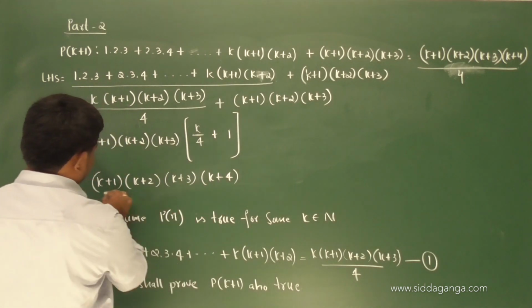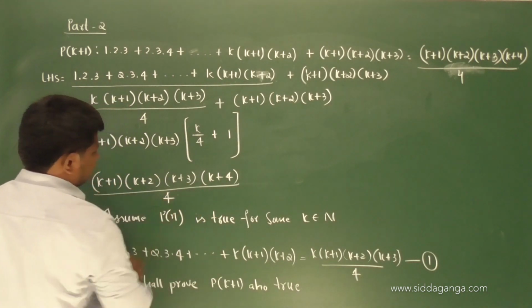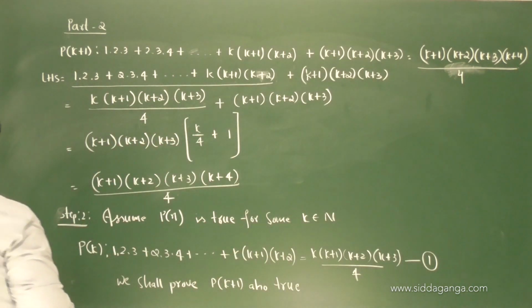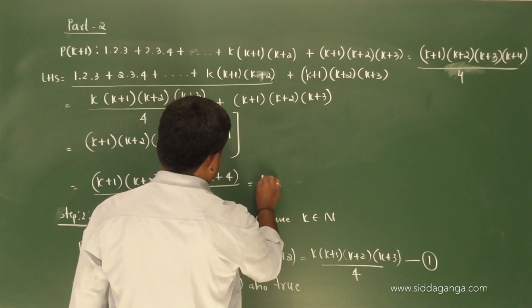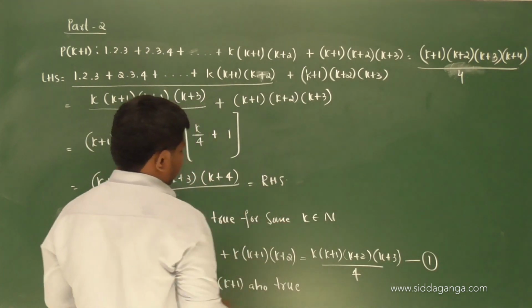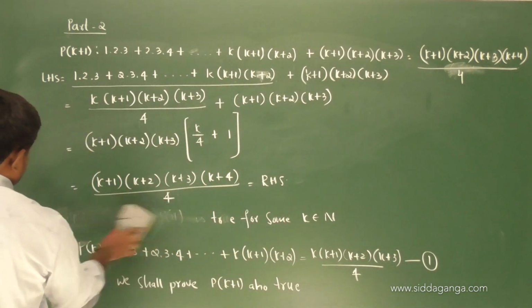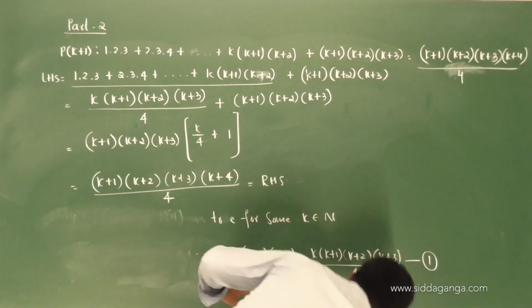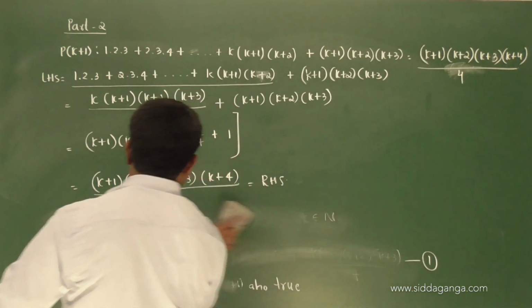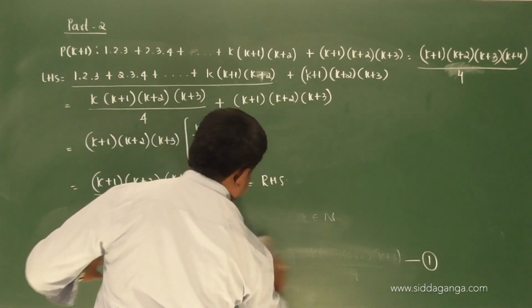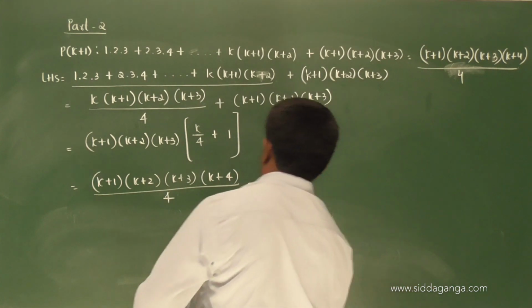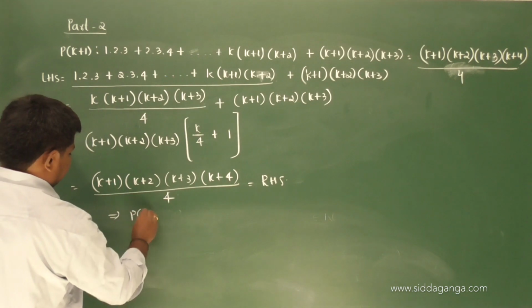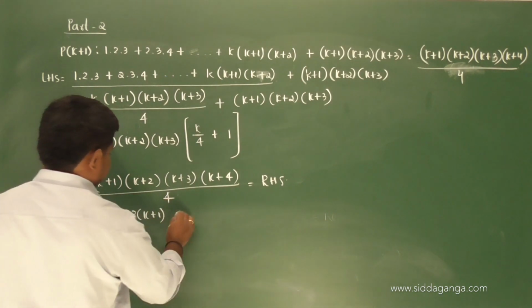4 is the LCM, so I'm going to write 4 divided by 4. This is what we have, RHS, right? This is what RHS. So we have proved P of k plus 1 also true. Hence this implies P of k plus 1 also true.